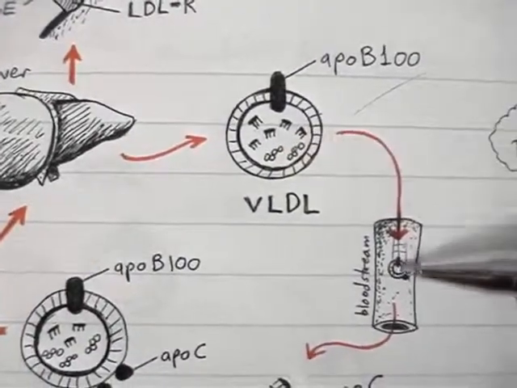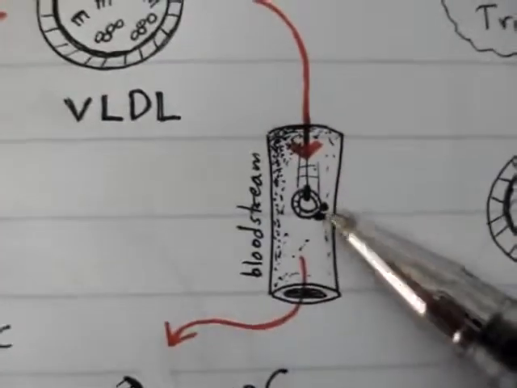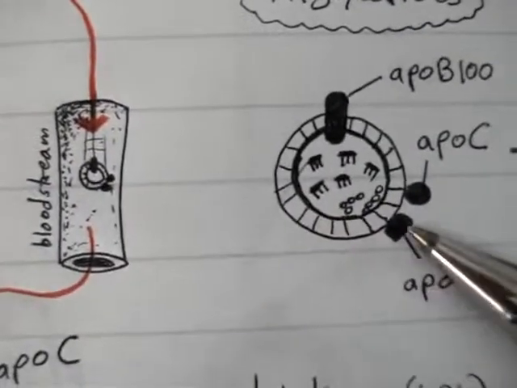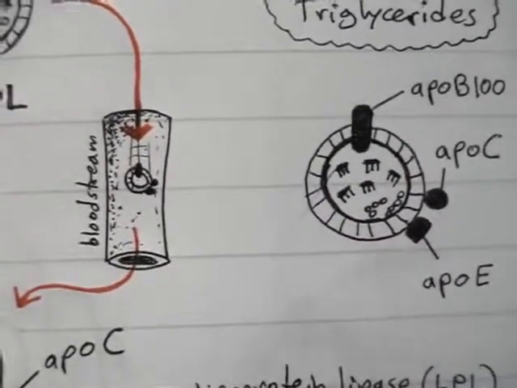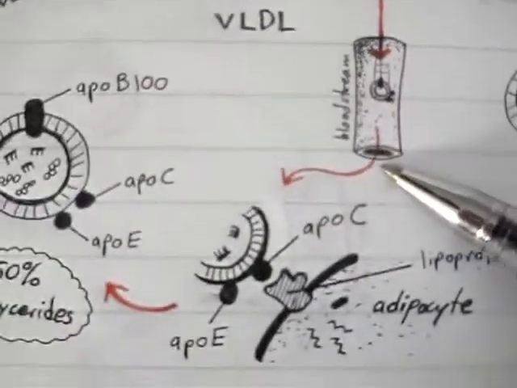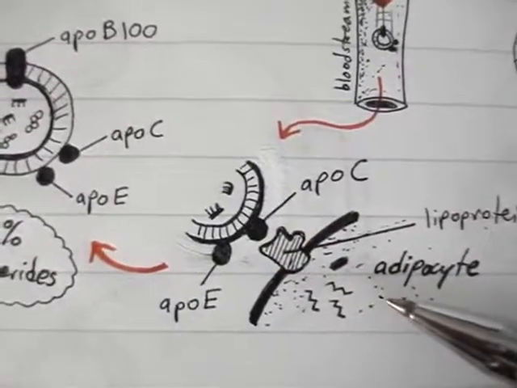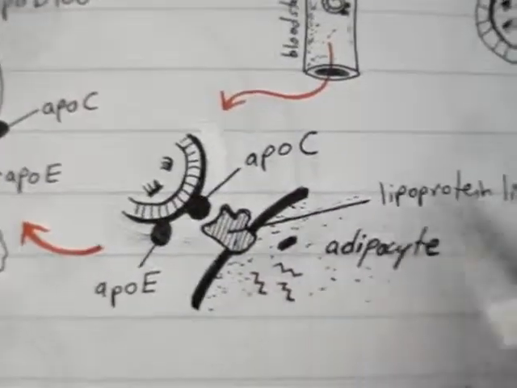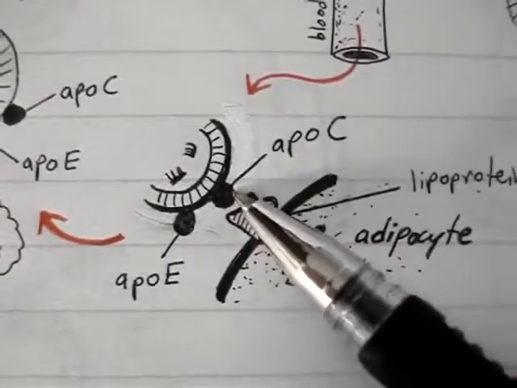VLDL travels into the blood, and within the blood, just like chylomicrons, it obtains two new apoproteins shown here. And again, they are ApoE and ApoC, which it obtains from HDL, high density lipoproteins. The VLDL then travels to the adipocytes, and just like chylomicrons, it's going to bind an enzyme on the adipocytes called lipoprotein lipase, or LPL, using its ApoC.